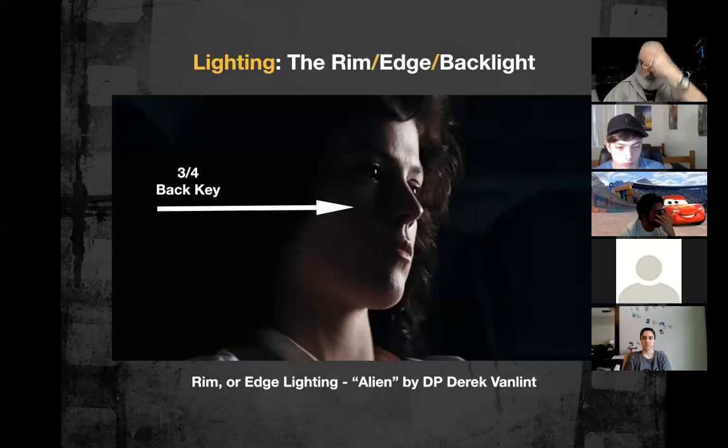We can see all the shape and texture that we would need to see from a key light. And so therefore it qualifies as a key light by definition, but it's also coming from slightly behind her. So it also fulfills some of the definitions of a backlight. So it's a 3/4 back key light, 3/4 behind her.